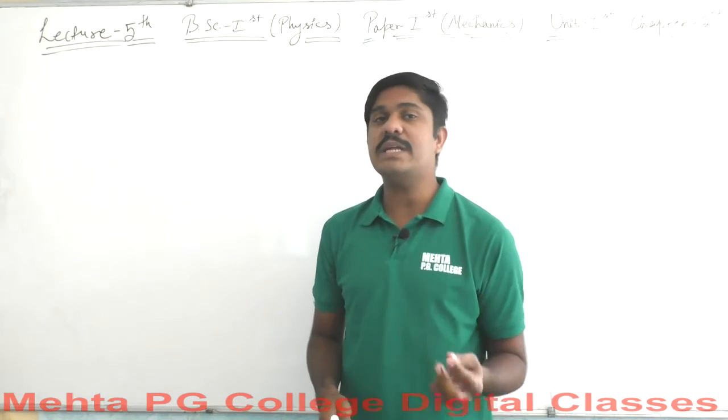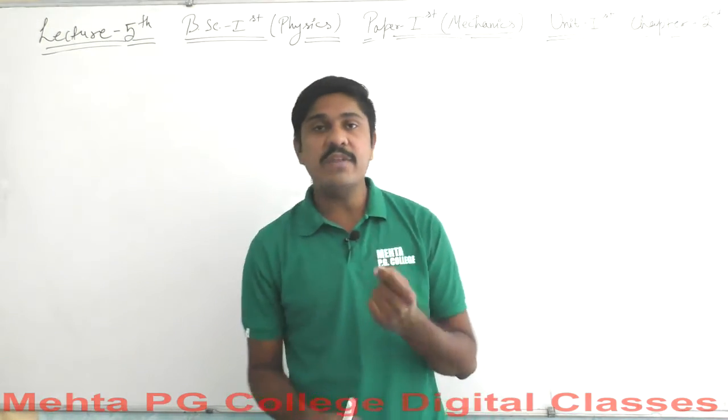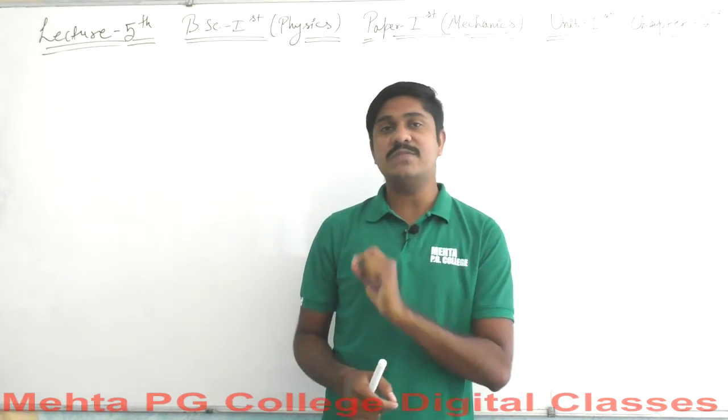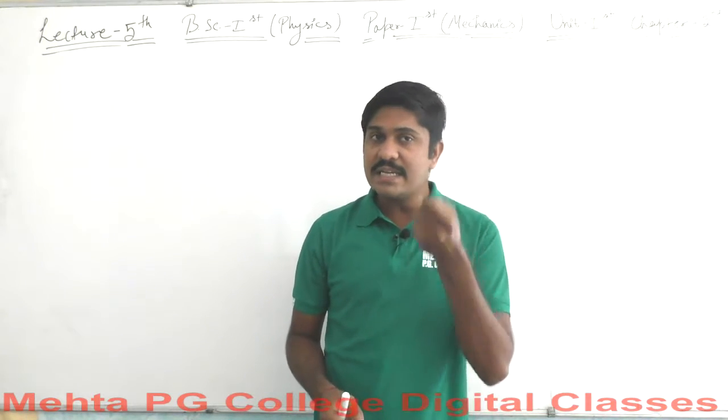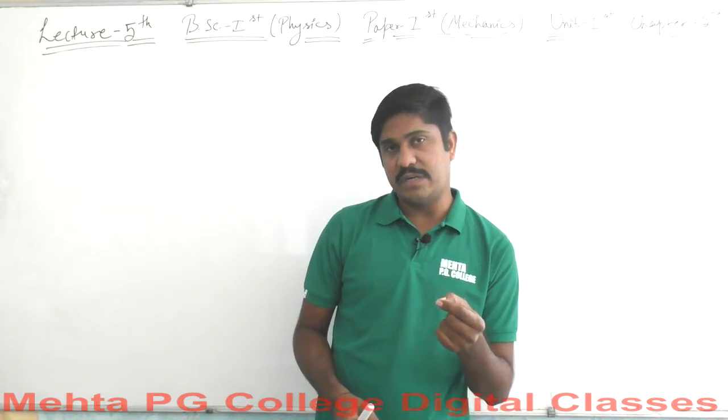Within these two scenarios, let's talk about the first one, in which we talk about the effect of Coriolis force on bodies falling vertically downward on the earth.